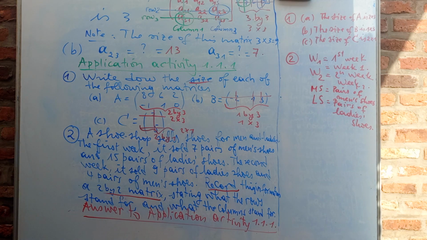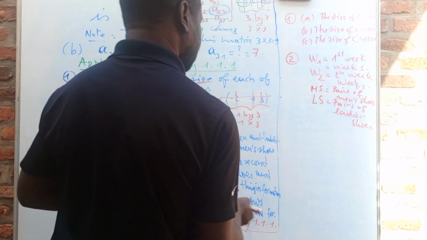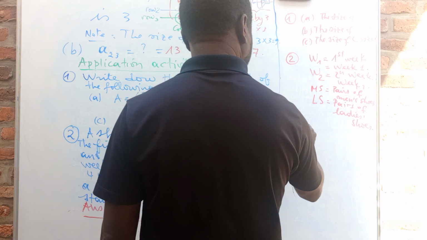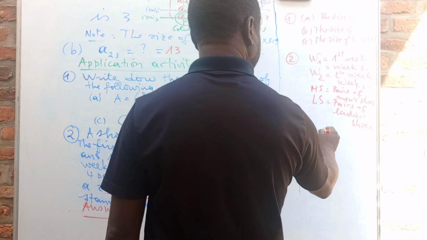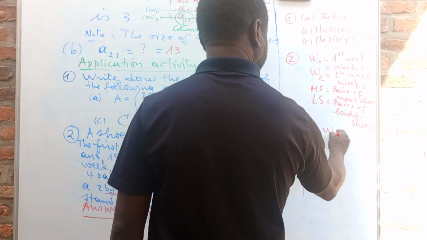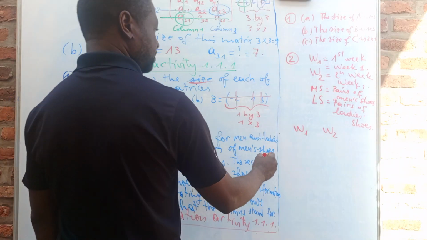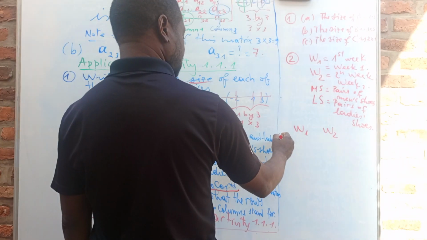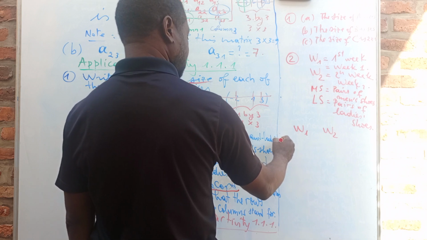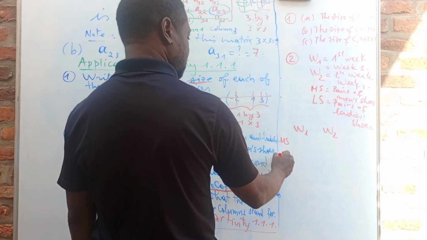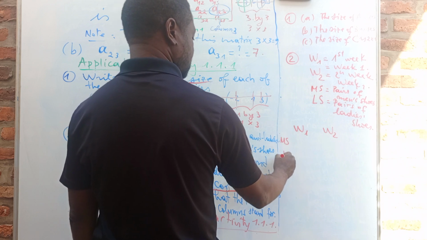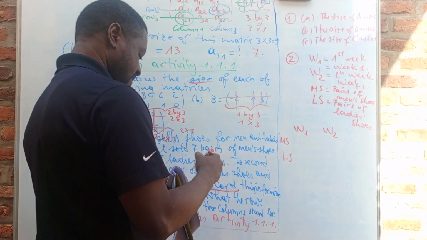Okay, we have two ways. We can make weeks in column, and the number of pairs of shoes in column. We have men's shoes and ladies' shoes.